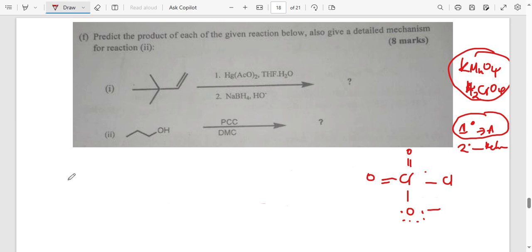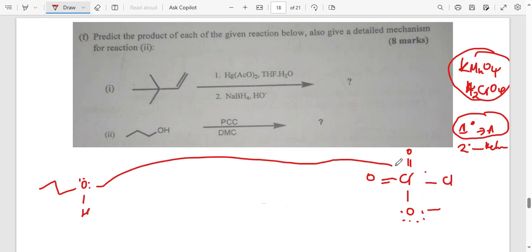Okay, the next thing that will come in now is our alcohol. The alcohol is going to act as a nucleophile. Oxygen will come and attack the Cr here. When it attacks the Cr, one bond is going to break off.